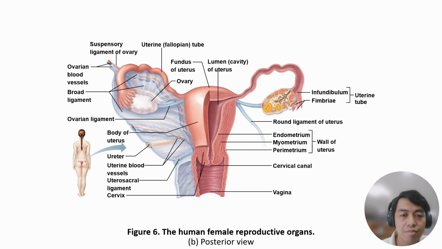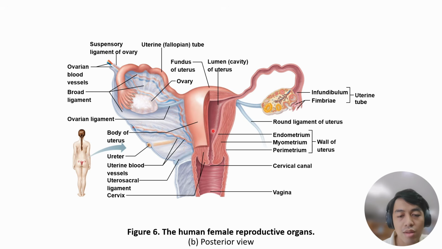These are the ductal system structures. From the ovaries, the egg will be released to the fallopian tube. This tube-like structure is the fallopian tube or the uterine tube. Then connected to the fallopian tube is the uterus.